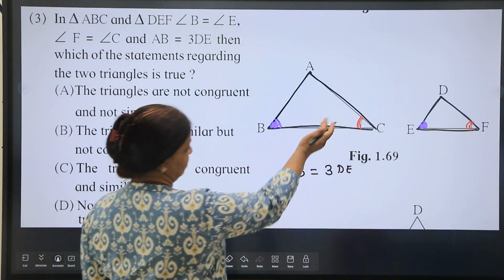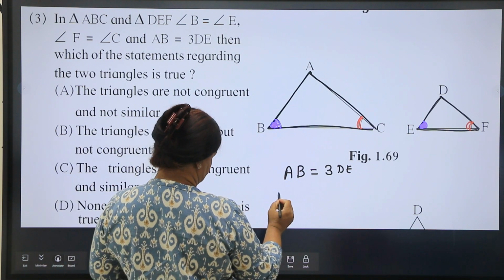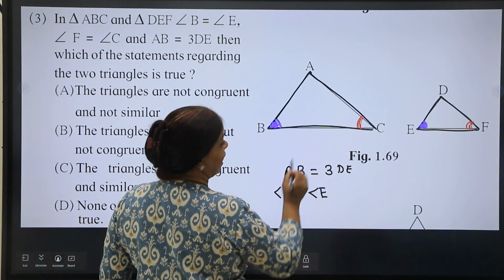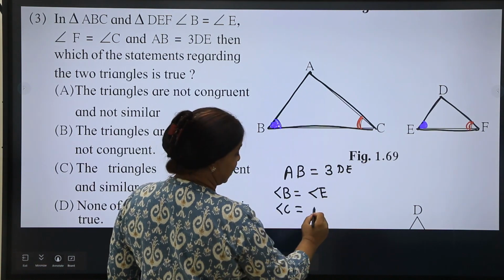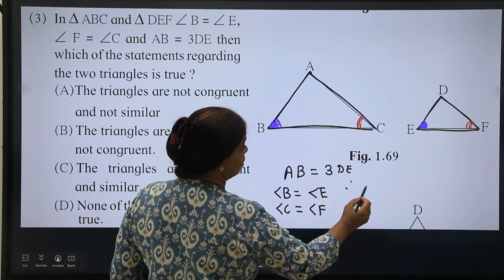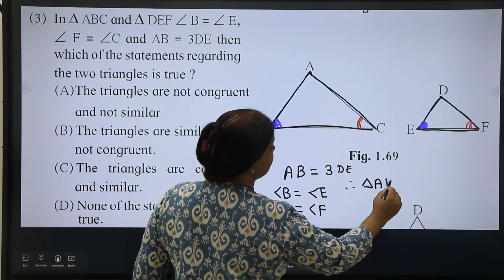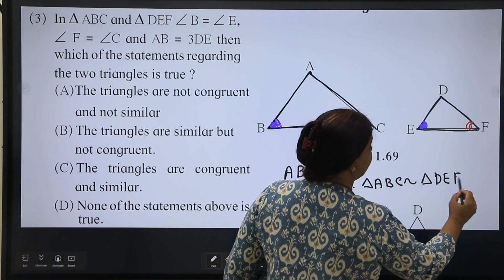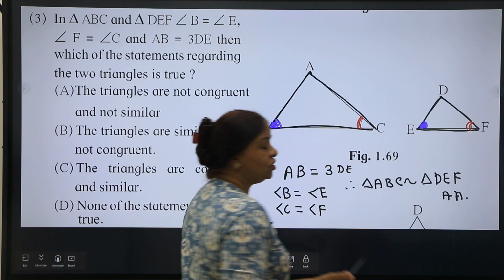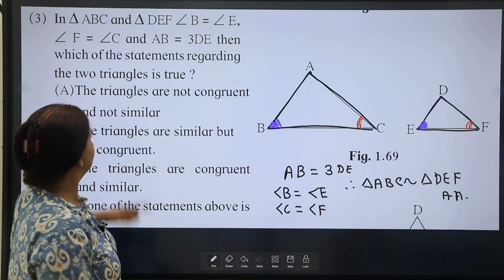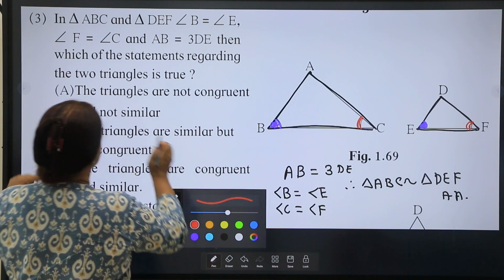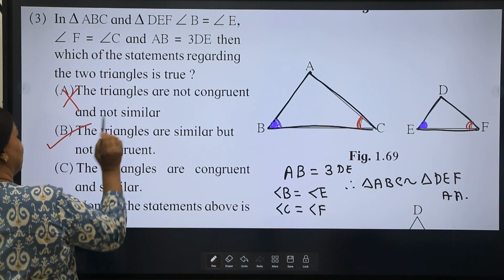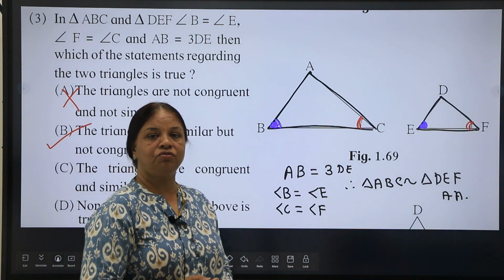See, angle B is equal to angle E and angle C is equal to angle F. Therefore triangle ABC is similar to triangle DEF by the angle test. So these two triangles are similar but not congruent. So this statement is wrong. The triangles are similar but not congruent: this is the correct statement. Let's move to the next question.